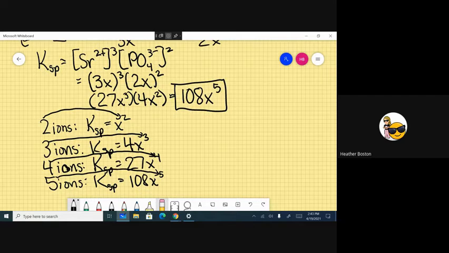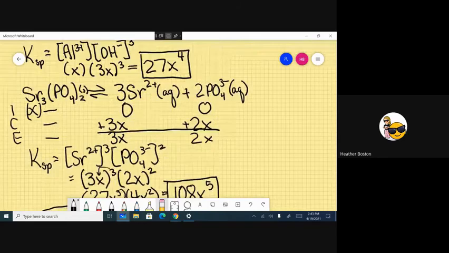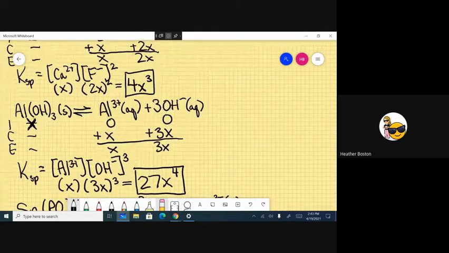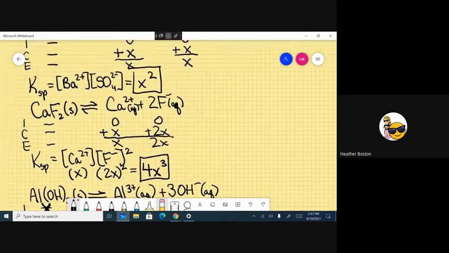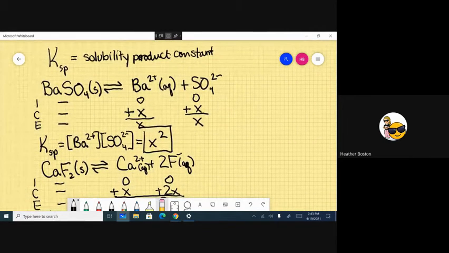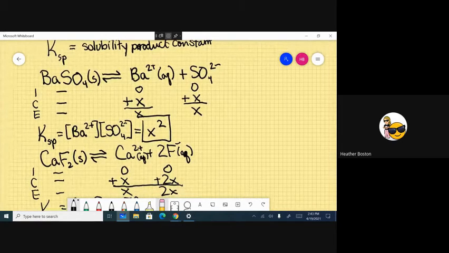So don't forget, this is the mistake I see people making, is they'll either say 9x cubed, or they'll just be like, oh, 3x to the 3rd, and they forget to cube it all together. So Ksp is the solubility product constant. When we solve for x, Ksp is a value we can look up.